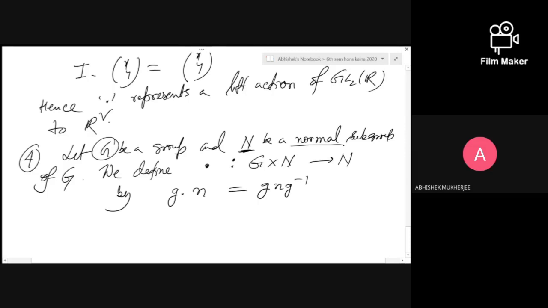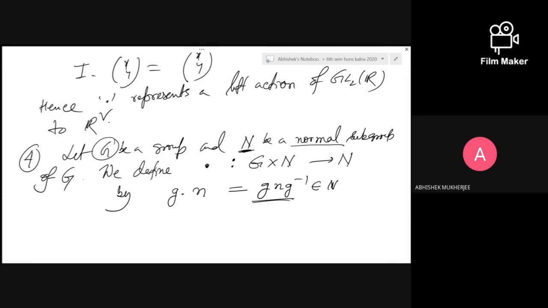Because in a normal subgroup we know that for every element small g belongs to the group, and for every n belongs to the subgroup, g n g inverse will be an element of the normal subgroup. And since N is normal, this element belongs to N. So this map is well defined.